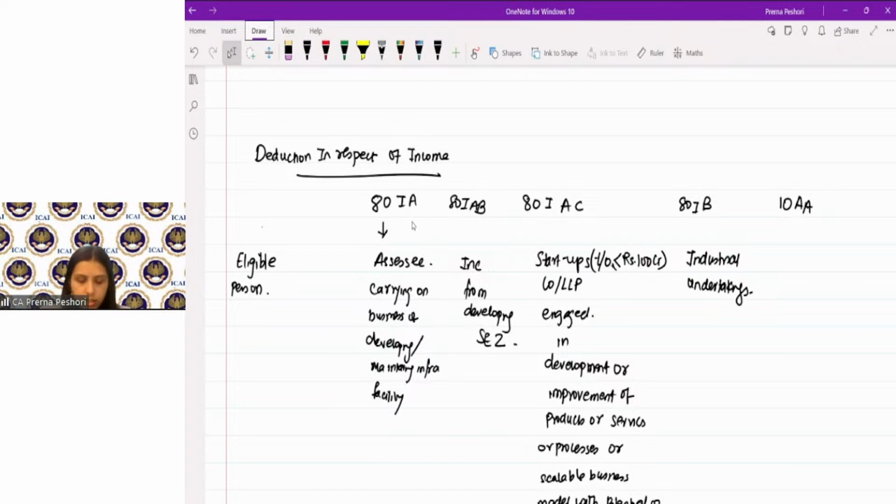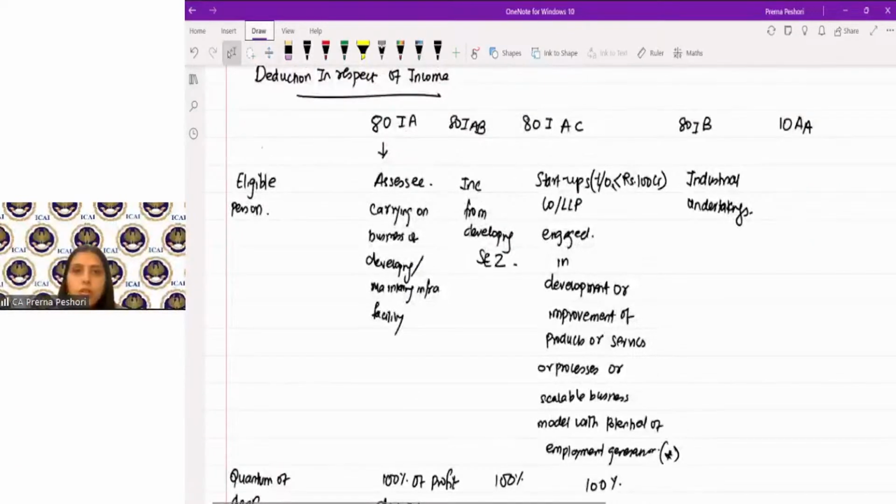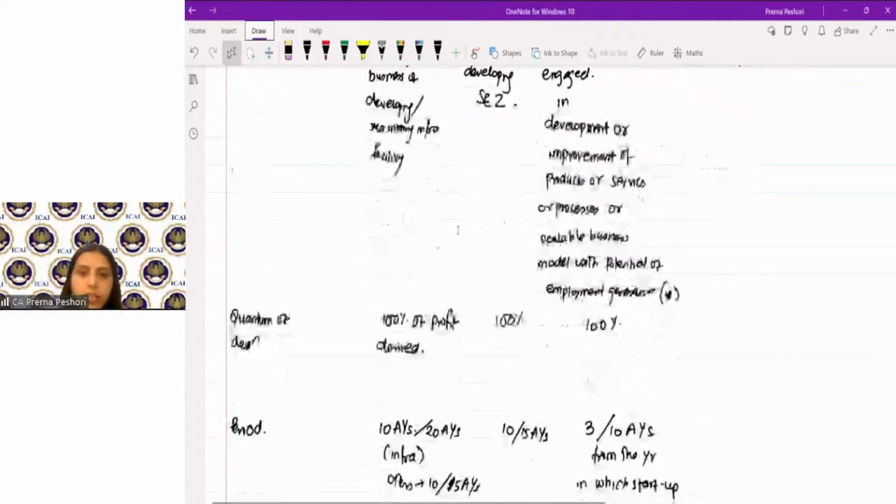So, here under 80IB, we have the industrial undertaking, including the small scale undertakings in Jammu and Kashmir, commercial production of mineral oils or natural gas, processing, preservation, and packaging of fruits, vegetables, meat, and handling and transportation of or storage of food grains. All of these businesses are covered under 80IB. Okay. So here also there are conditions attached to it, and the deduction is 100% available over here.